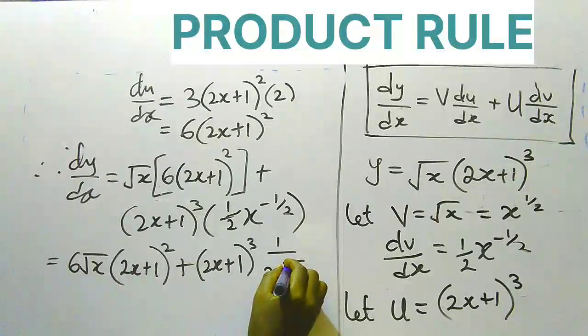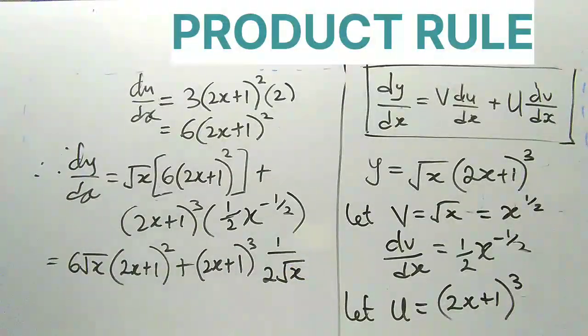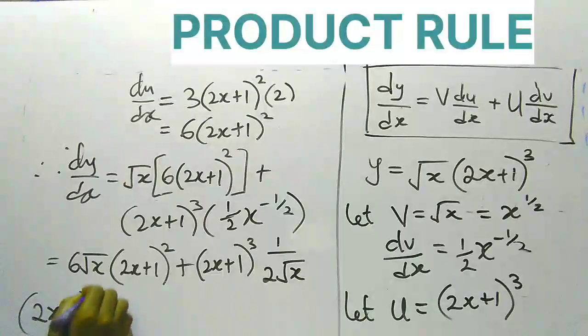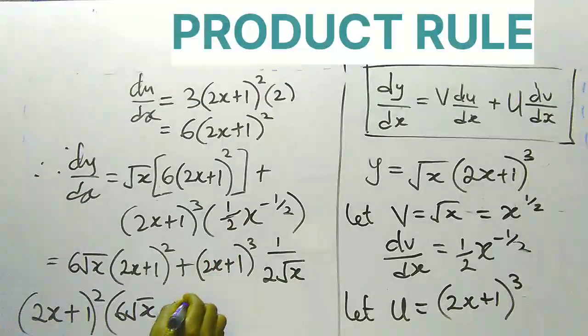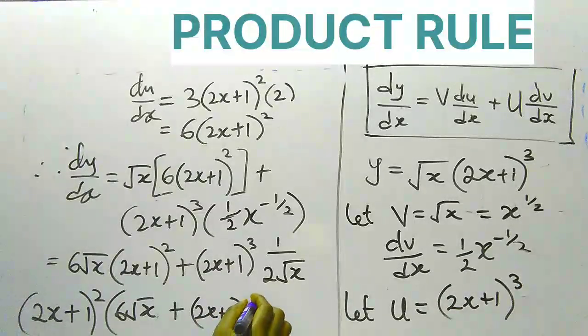So this is the solution to this problem, and we can actually factor out 2x plus 1 since it is common to both sides. So I can factor out 2x plus 1 all squared, and I am left with 6 root x, then plus 2x plus 1 here, and then times 1 over 2 root x.